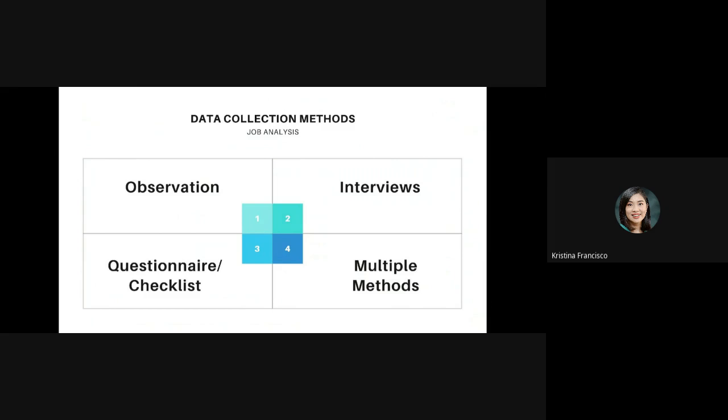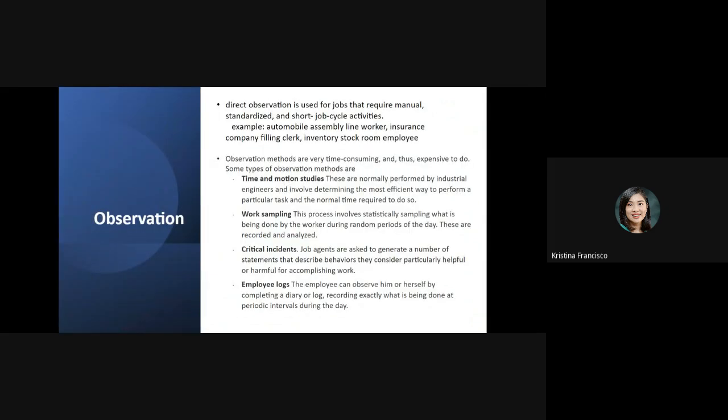So we have here the methods of collecting information or data. One is observation, interviews, questionnaire, checklists, and multiple methods. So first, yung observation. Observation is a method used in job analysis to watch employees perform their tasks.